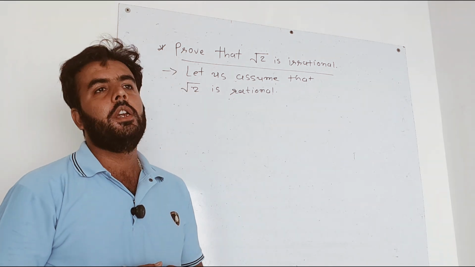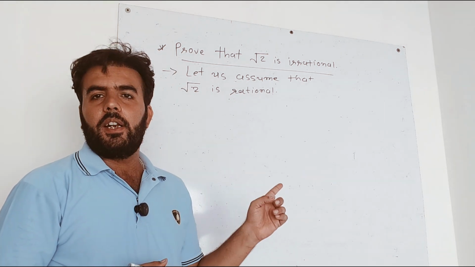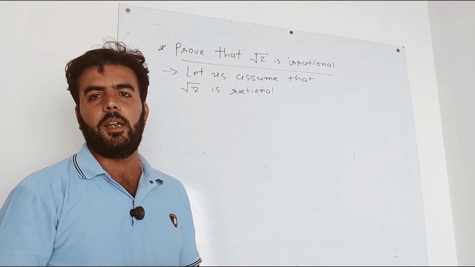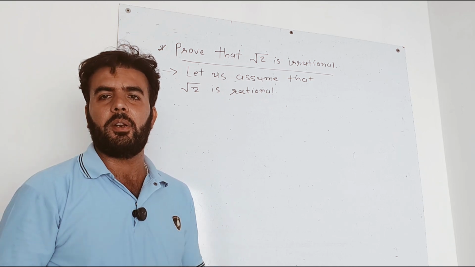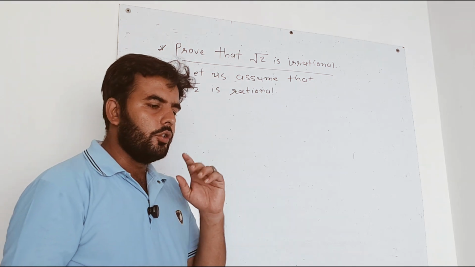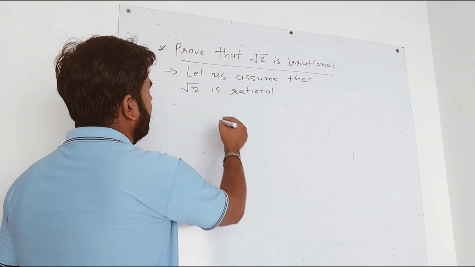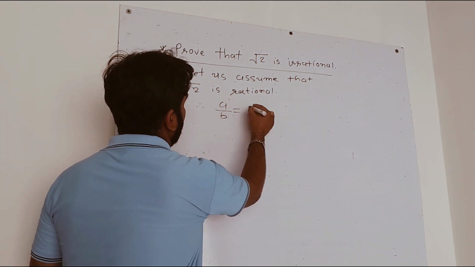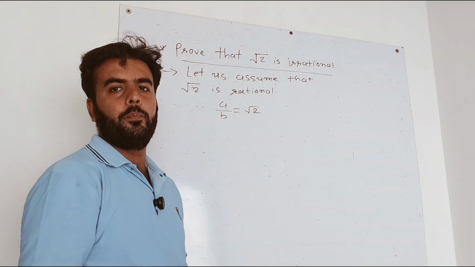Again, I am repeating, if we assume this number as a rational number, we can express it in the form of a by b. A by b means we can express the number in the form of numerator and denominator. So in the next step, I will write that therefore a by b is equal to under root 2.